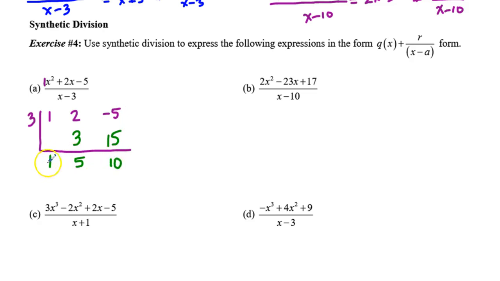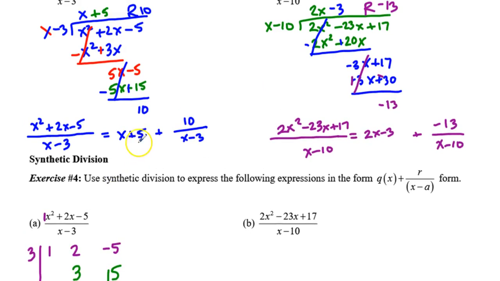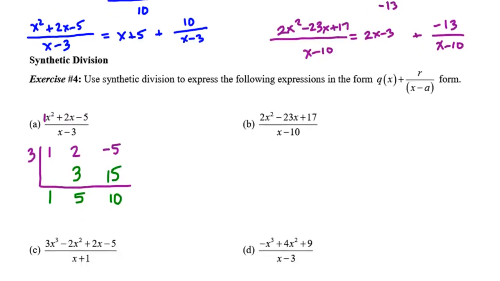Okay, so now we have to interpret this answer. 1, 5, 10. Let's look back up at the polynomial long division. Where do you see a 1, a 5, and a 10? Keep in mind, we know we're going to have a binomial answer, so we know that the first term is going to be something x. So there's your 1, there's your 5, there's your 10. Now we just interpret that answer.